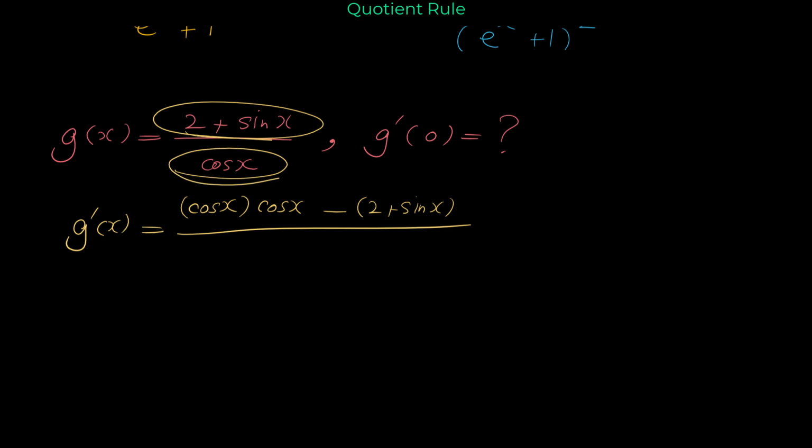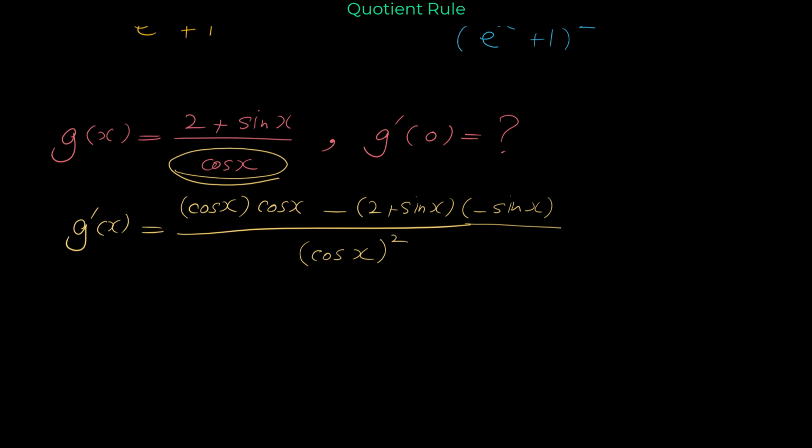What is the derivative of cosine x? If you remember, the derivative of cosine x is negative sine x, all over the denominator to the 2, cosine x to the 2.